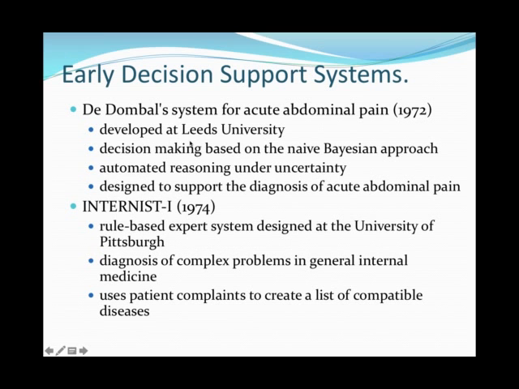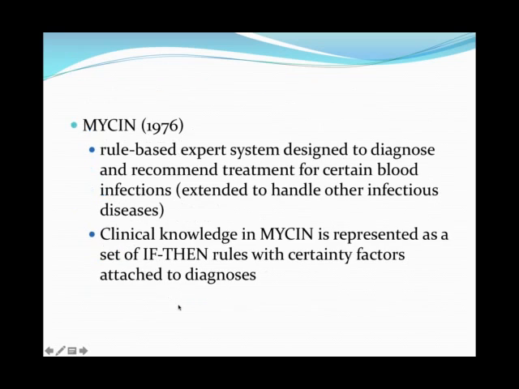Here it's about one topic, here it's about multiple topics but still giving you a diagnosis, and here it's a very broad range, a very wide domain. Not just diagnosing, but giving recommendations for treatment for certain blood infections, and then it was extended to handle other infectious diseases as well.